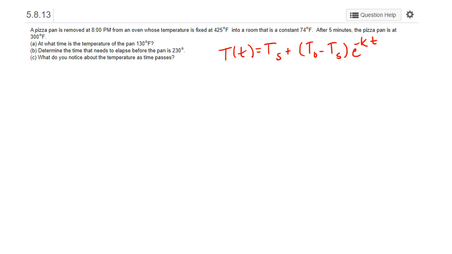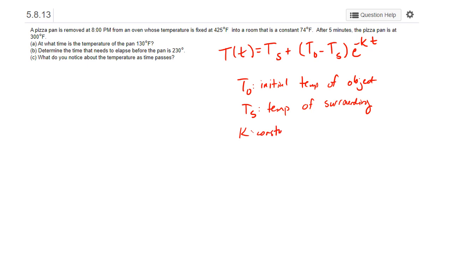Where T sub 0 is the initial temperature of your object, T sub s is the temperature of the surrounding environment, okay? k is some constant representing how fast temperature changes in a given object. t is time. And capital T on the left is the temperature of your object at time t.